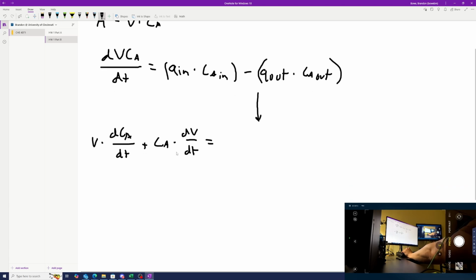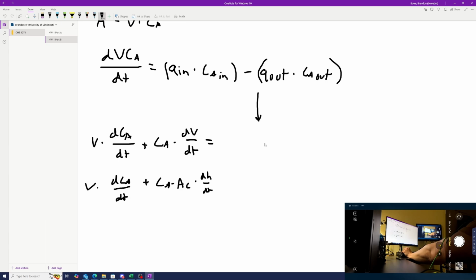And we know from part 1 of this homework that our dV over dt is equal to our cross-sectional area times our dH dt. So that is now the left side of our equation, which is still equal to the right side.